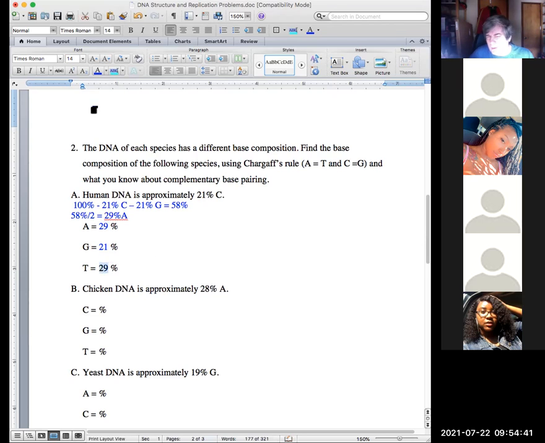Now notice we can always double check our math here, because if we add C and A and G and T, this has to add up to 100%. If it doesn't add up to 100%, somewhere some of our math is off.